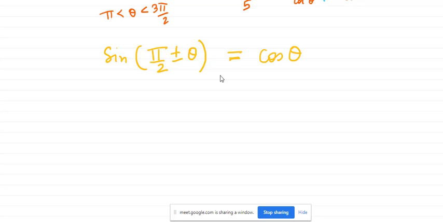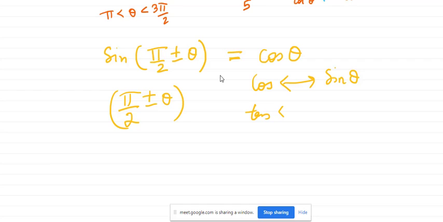So for all angles converted as 90 plus or minus theta, sine will change to cos, cos to sine, tan to cot, and cosec to sec.